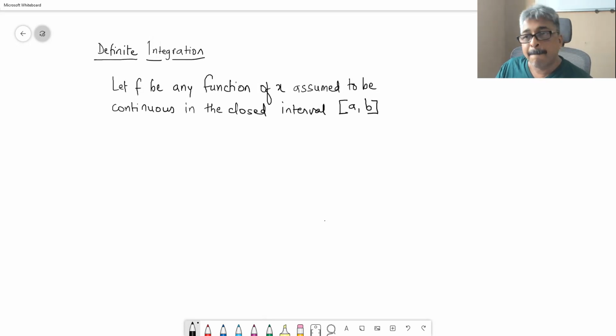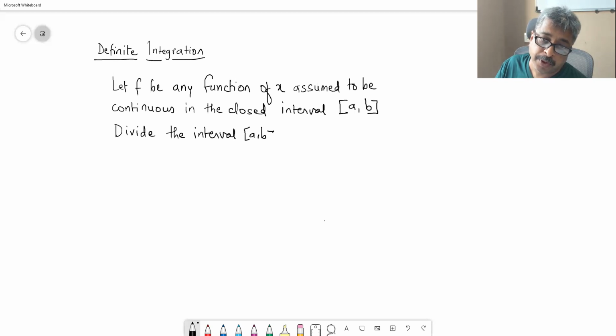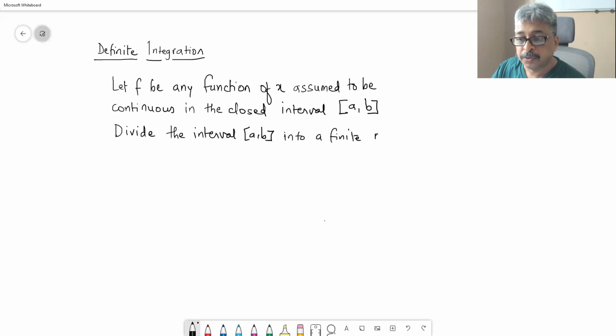Okay, divide the interval a comma b into a finite number, say n, of subintervals.